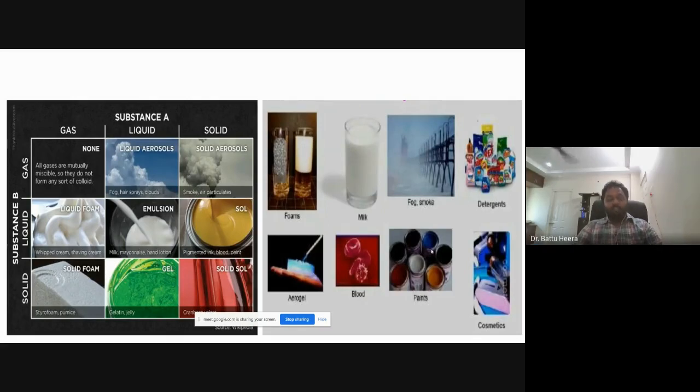The blood in our body is called a colloid. Whatever milk we take is also a colloid. The detergents you use are also colloids. But detergents have one phenomenon called critical micelle concentration, and these detergents are also called associated colloids. Please remember those words: associated colloids, Kraft temperature, and critical micelle concentration. I hope it is clear.